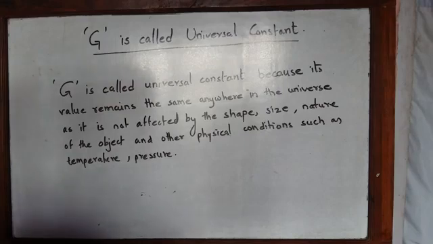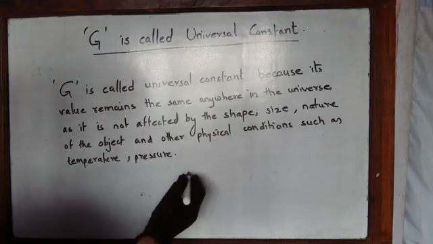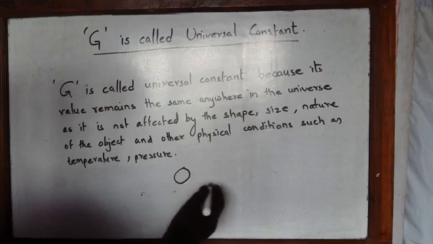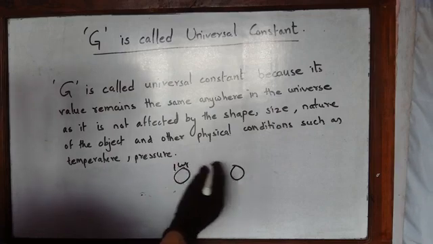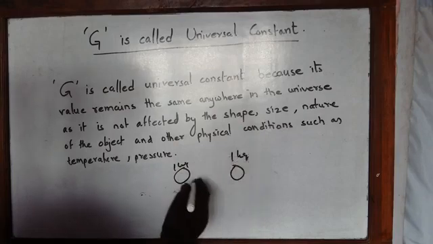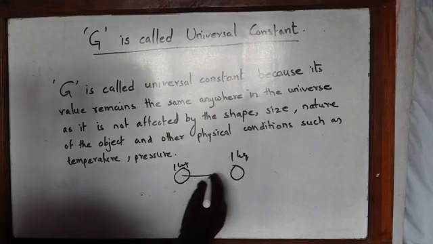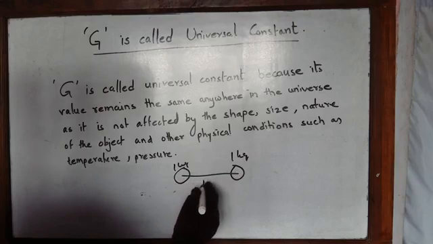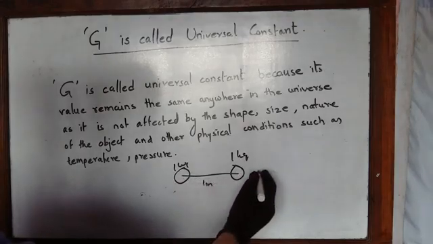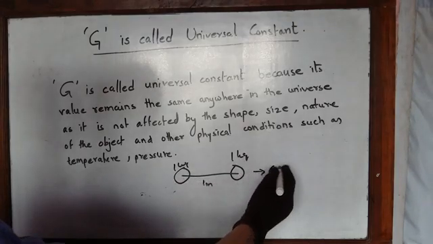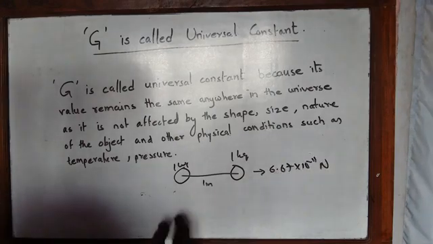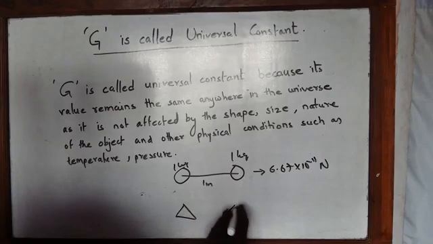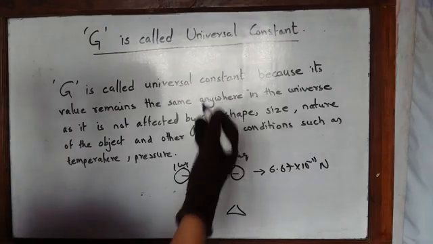It means that if you take two objects, they could be two spheres, but the mass should be 1 kg each and the distance between them 1 meter, and the force of attraction between them will always be the same. They could be triangular shaped, or any shape, because the shape does not affect it.